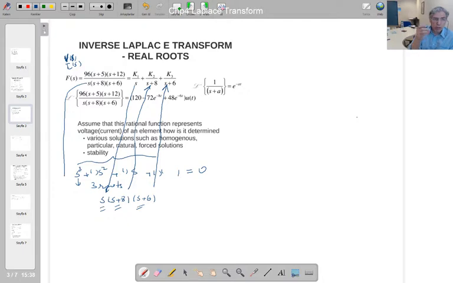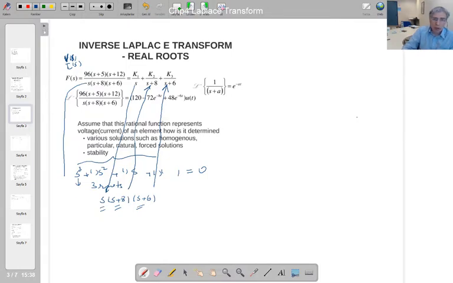How are we going to find the residue for each root? It is easy. I will be doing it for one root, so you could find the other residues for the other roots.